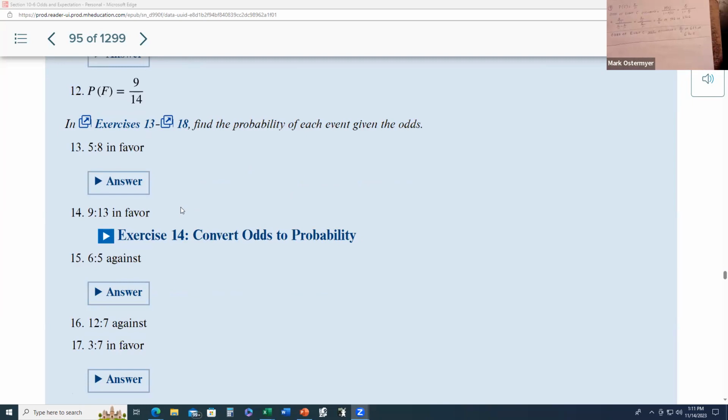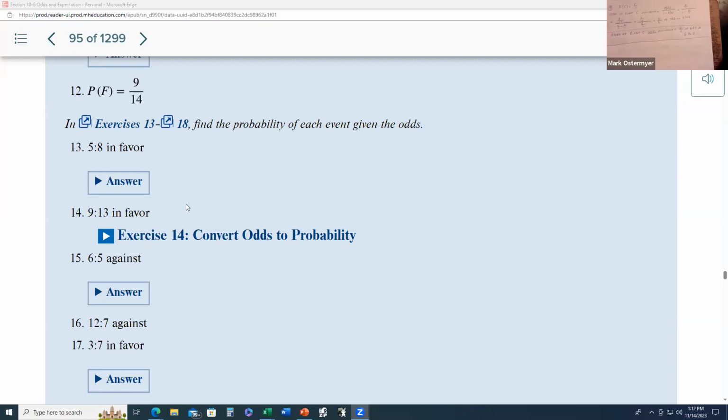I'm going to do number 14. And so what they want us to do is take the odds of some event occurring, which is 9 to 13 odds. They want us to convert that into the probability of that event occurring. Now, they did not give a letter to represent the event that's occurring. You can call it anything you want. Any letter, you can use any letter you want.